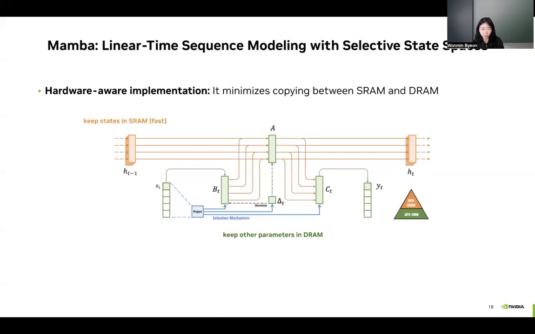And then the last part is the hardware-aware implementation. It minimizes the copying between SRAM and DRAM. So all the states are kept in the SRAM, and all the rest of the parameters are kept in DRAM.